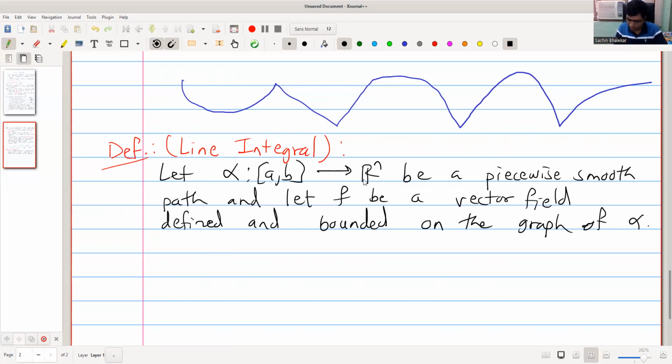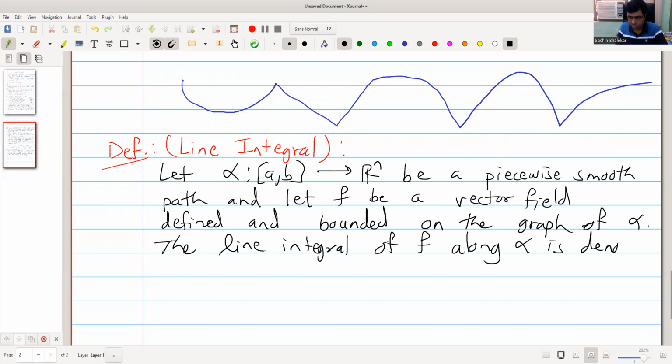The line integral of this vector field F along alpha is denoted by integral F dot d alpha, where dot is the dot product.